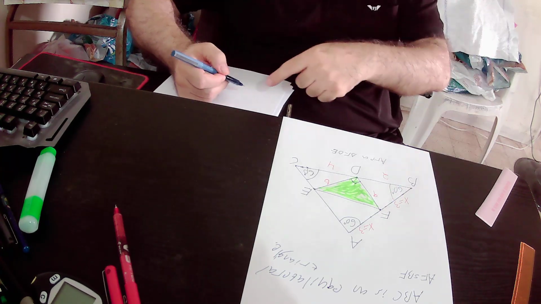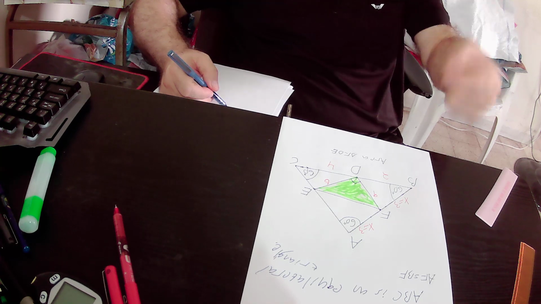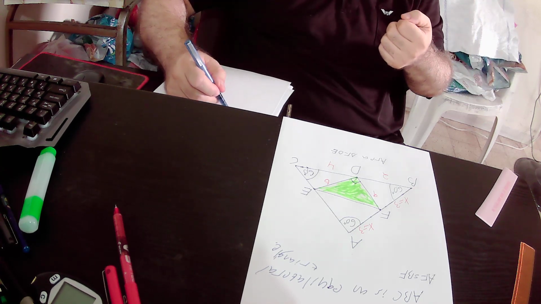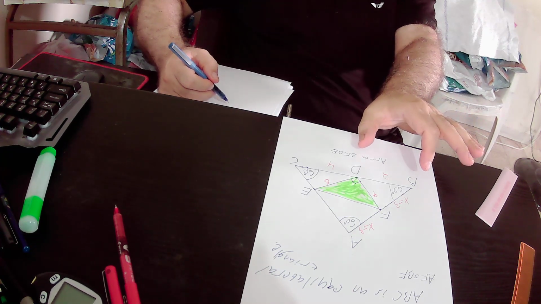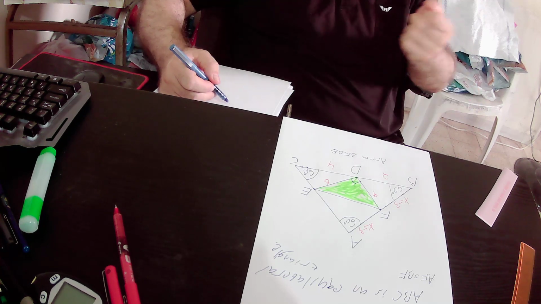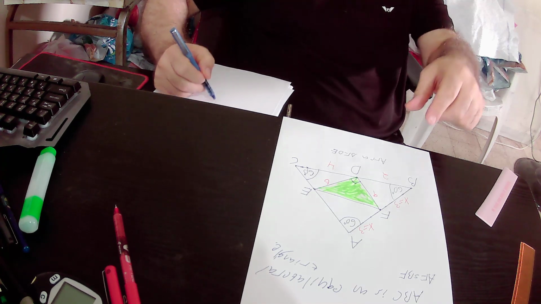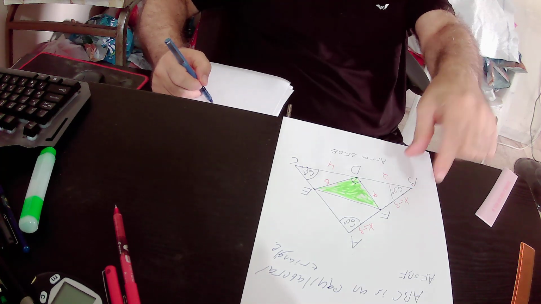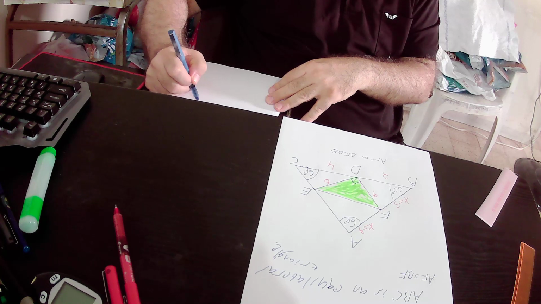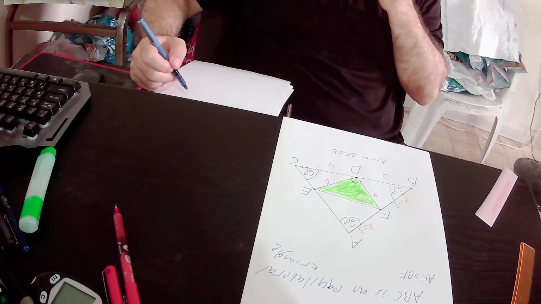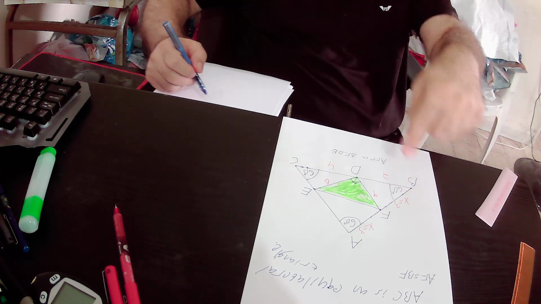BF equals 3 units, so BF squared is 3 squared, which is 9, plus BD squared. BD equals 2 units, so BD squared is 2 squared, which is 4, minus 2 times BF times BD. It is 3 times 2, times cosine 60 degrees. Cosine 60 is 1 over 2.